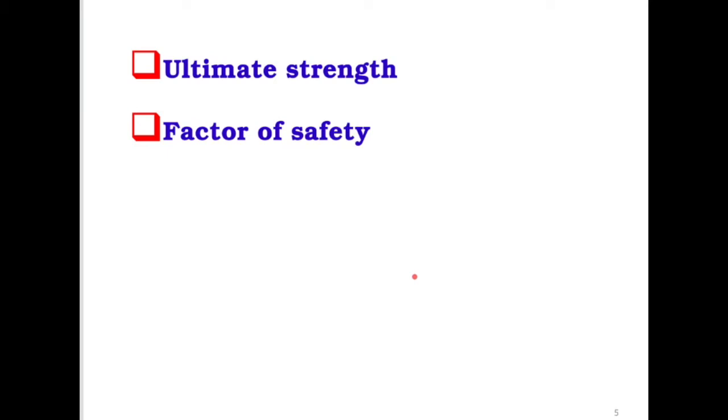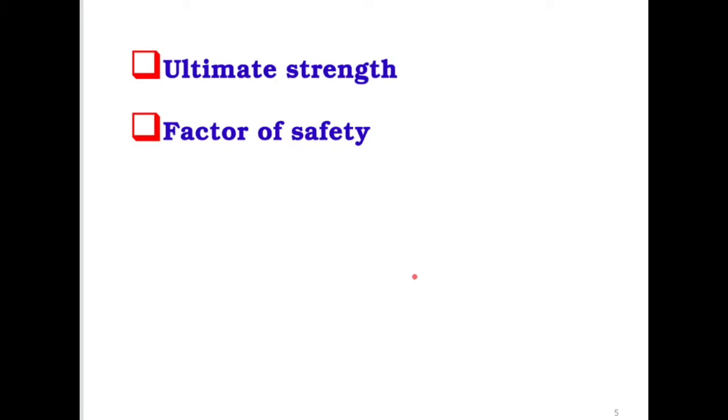Sometimes we can choose the material depending on the application of that particular conductor in the transmission and distribution system. So the material is involved here, and from that material, the parameter that comes is the ultimate strength, meaning how much tension it can carry before it breaks.